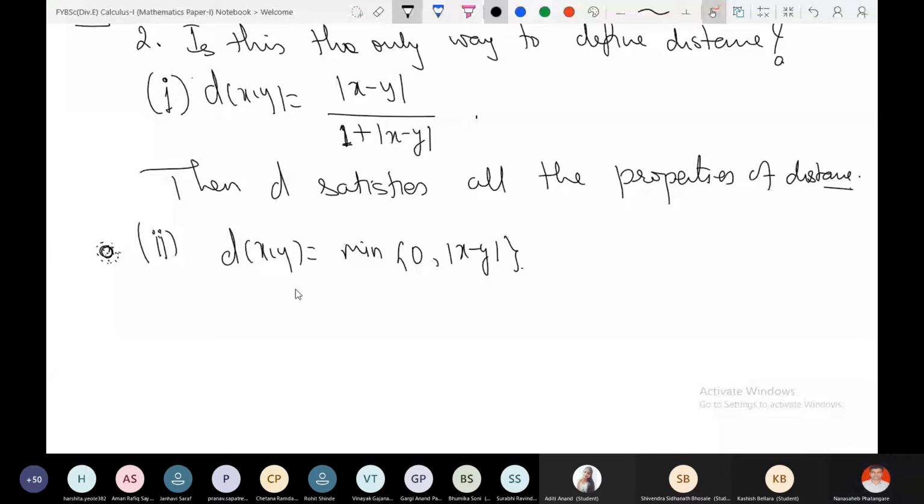This I can define as a distance. So if x is equal to y, then minimum is 0. So you also check that d satisfies all the properties of distance.